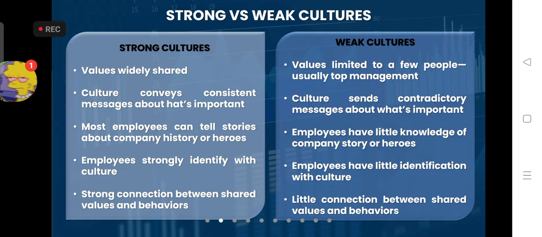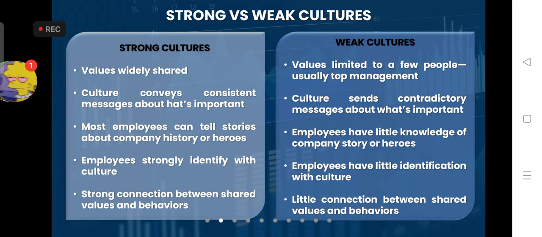So let's look at the weak cultures. Values are limited to a few people, usually the top managers. So it is very unhealthy. The culture of organization B sends contradictory messages about what's important.